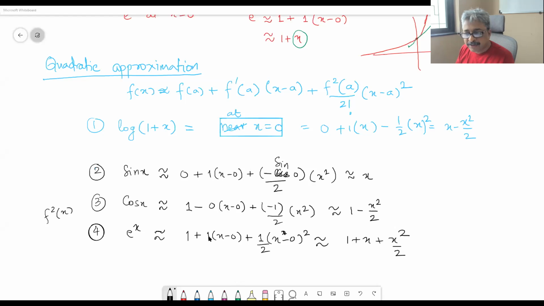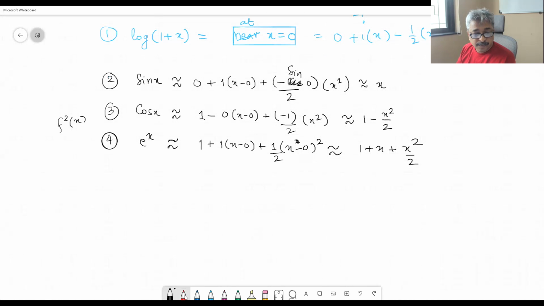Two more examples. Problem number 5. Find the quadratic approximation of f of x is equal to sec x for x is equal to 0.